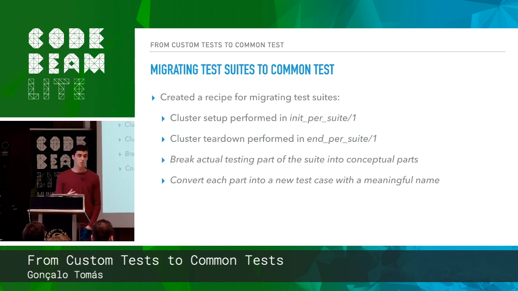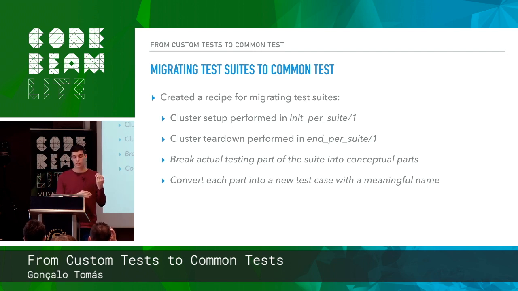And okay, the only thing missing here is migrating the custom test suites over to common tests. We were not able to finish all of them, but we wrote a recipe for migrating all of the test suites. We've seen before that the custom tests, the verify build cluster tests, clumped everything together in the confirm 0 callback. So what we do is perform cluster setup and teardown in the appropriate places, because Riak Test used to do that transparently.